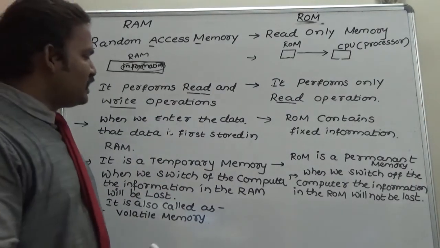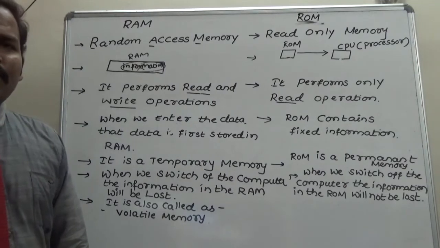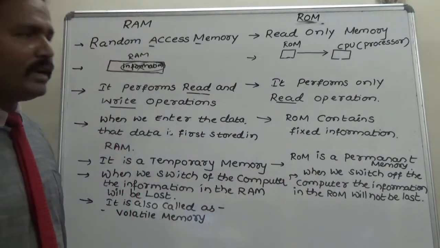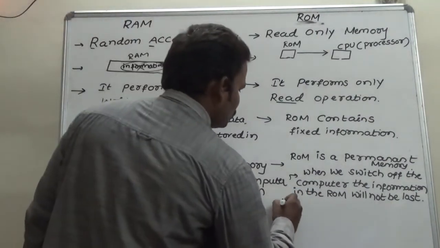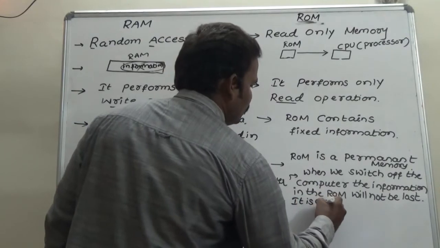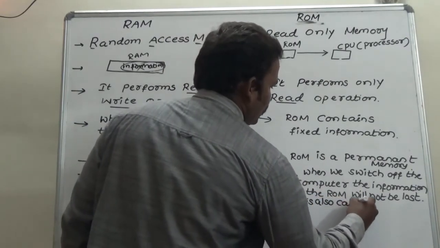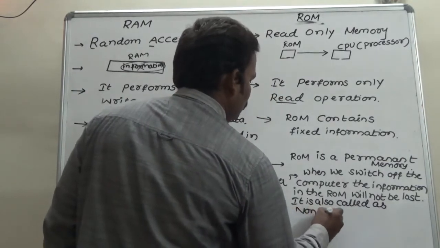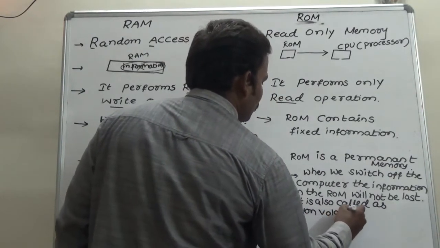Next, ROM is also called volatile memory. Sorry, RAM is also called volatile memory. ROM is also called non-volatile memory. It is also called what? Non-volatile memory.